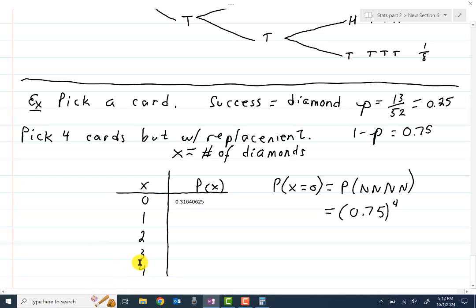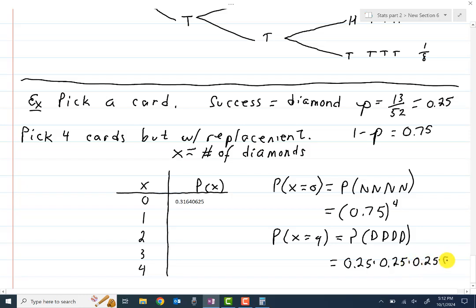Now, let's take a look at the other extreme. X equals 4, this time you got all diamonds. So it's the probability of diamond, diamond, diamond, diamond. There's only 4 of them. So you'd have to get a diamond on the first card, so that's a 0.25. A diamond on the second card, which is also a 0.25.